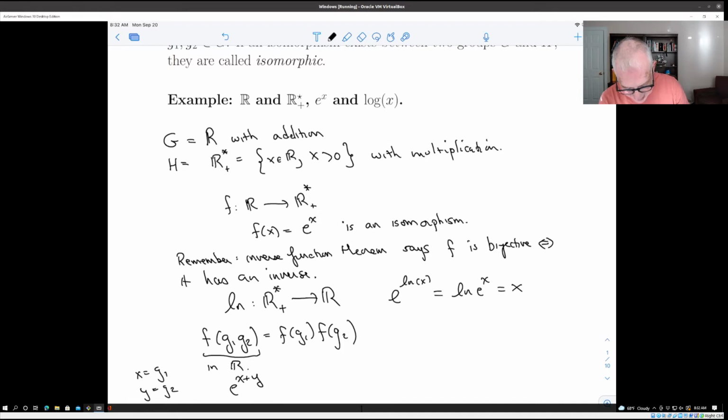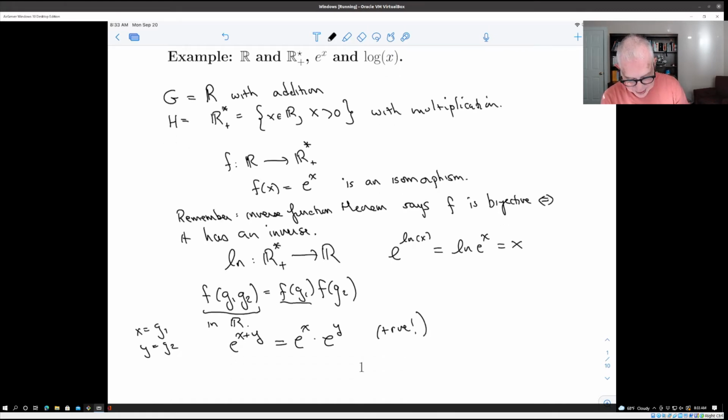And what's the right-hand side of the equation? Well, it's f of g1, that's e to the x, times e to the y. And of course, this is true for the exponential function. In fact, this property, e to the x plus y equals e to the x, e to the y, is exactly what you need.